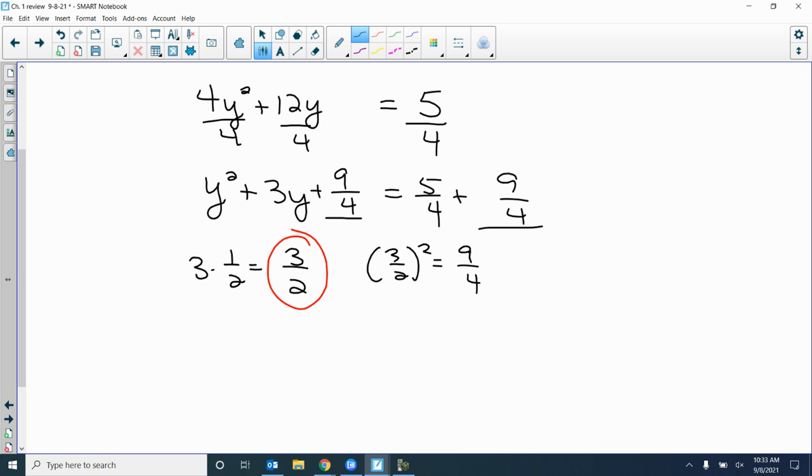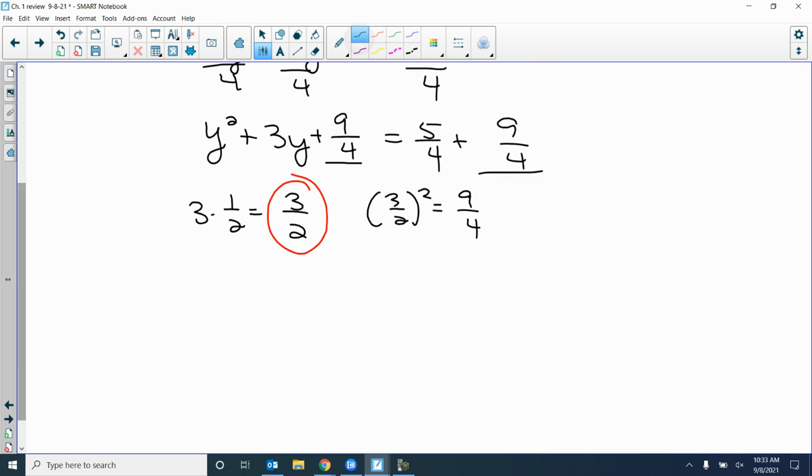Okay, 9/4. The left side is going to factor into a quantity squared. Something times itself. Do you know what that will be? Matt? Parentheses y plus 3 over 2. It is. I don't know why I blanked there. Yeah, so this is where the 3 halves comes back into play.